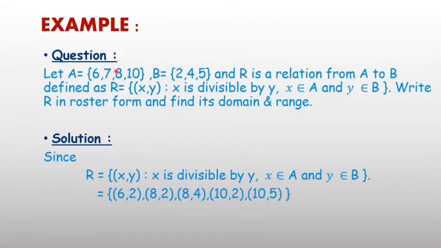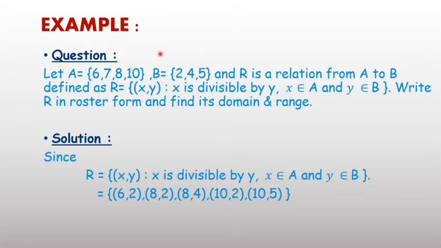No. 7 is not divisible by 4. 7 is not divisible by 5. Now 8. 8 is divisible by 2, means the next ordered pair is (8,2). 8 is divisible by 4, next ordered pair (8,4). 8 is not divisible by 5. You will not write this.